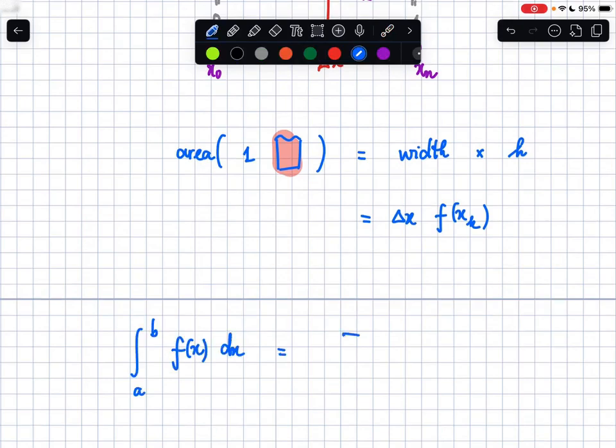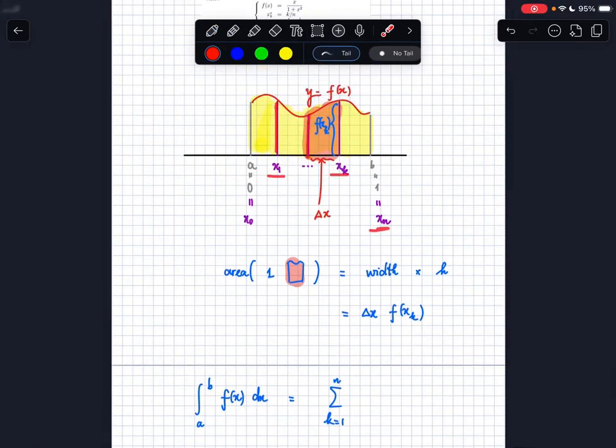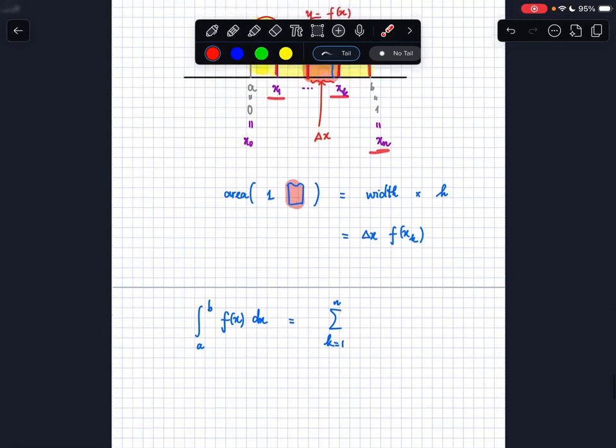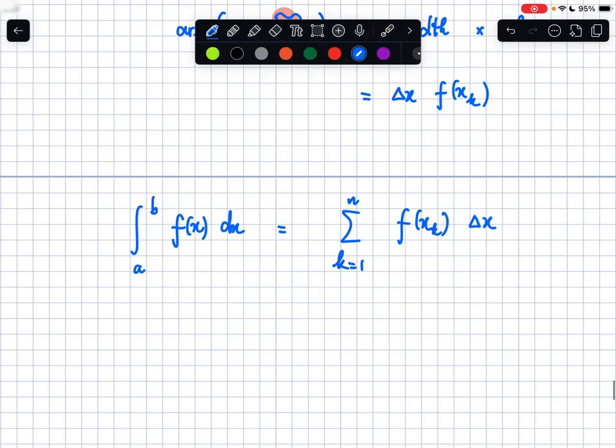So the summation k from 1 to n, since we have n points x1 to xn corresponding to n rectangles, of f of xk delta x, and we let n tend to infinity.